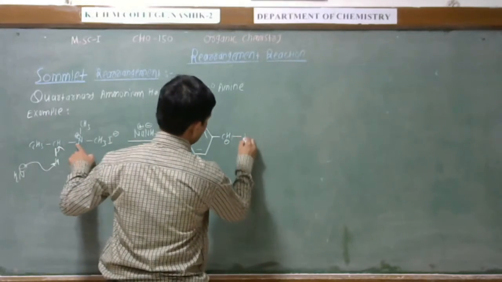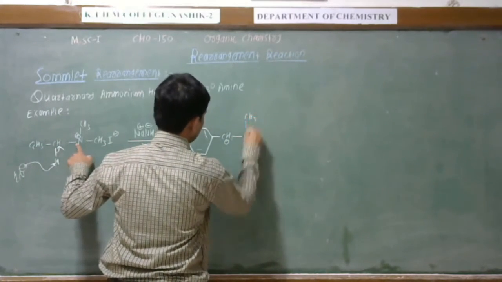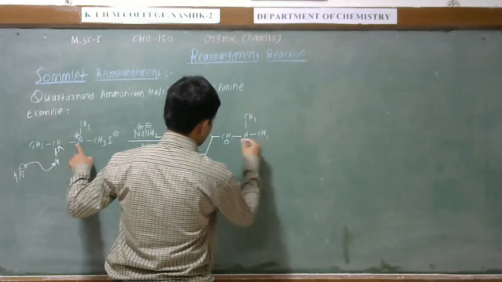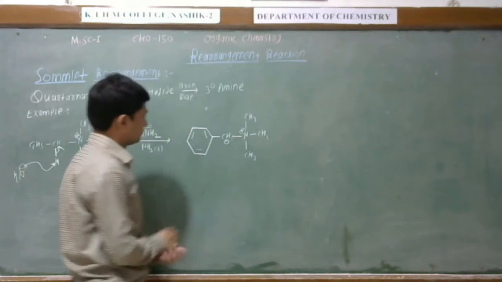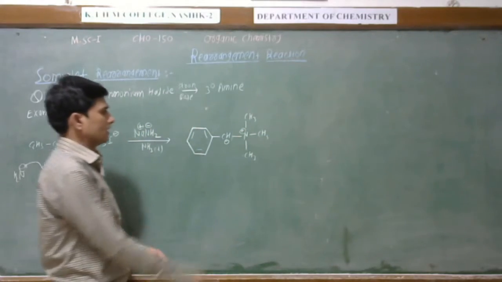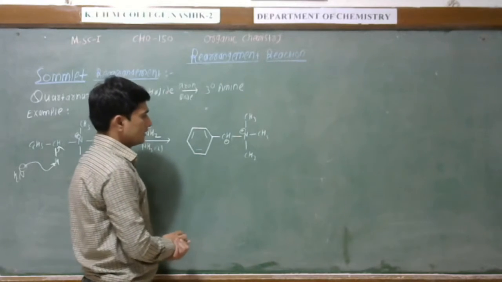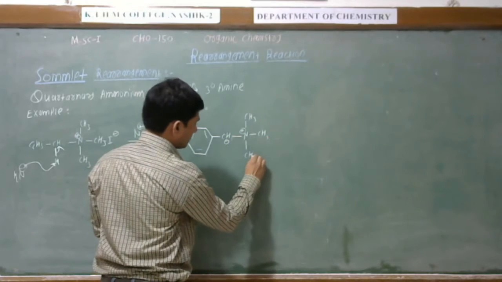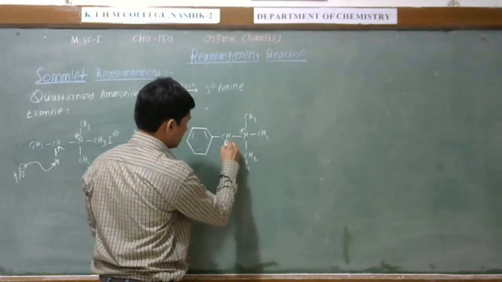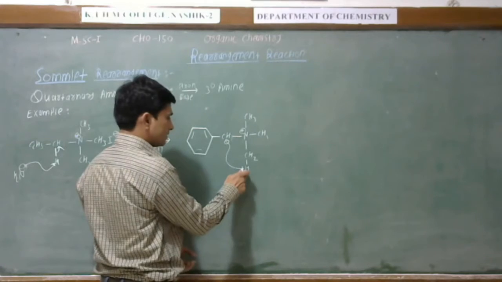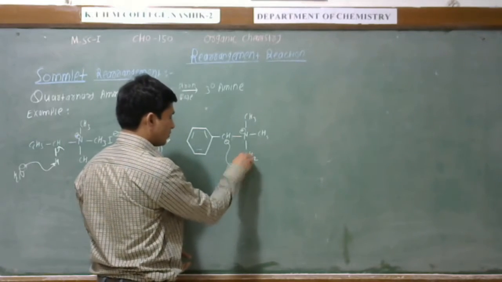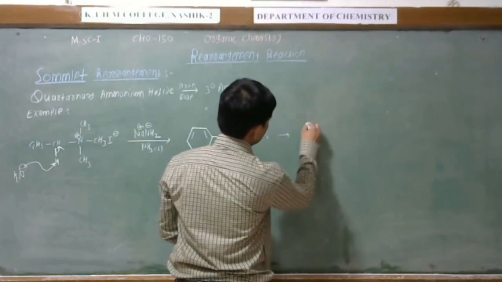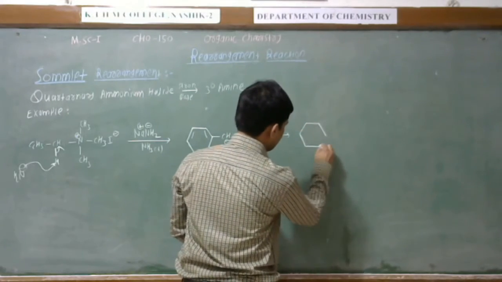Now, this is the nitrogen, with CH3, CH3 and CH3, and this has a positive charge. This benzylic carbanion can take hydrogen from this CH3, and there will be formation of another carbanion, which can be written in this way.